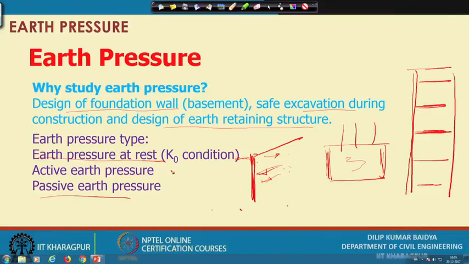Similarly, when the wall moves towards the backfill, the pressure will be increased, and in fact it is more than the earth pressure at rest. So, the maximum will be passive, intermediate will be at rest, and active earth pressure will be minimum. So, these are the three types of earth pressure. Earth pressure at rest is called the K naught condition.